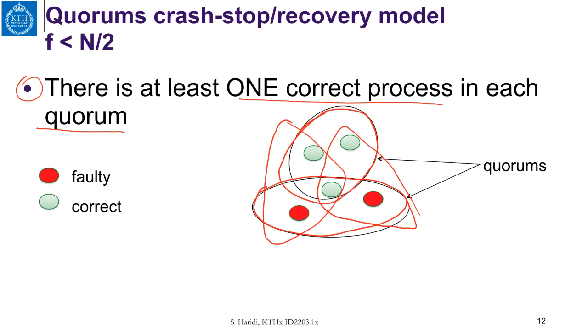And this is because faulty processes are a minority, so any quorum will have at least one correct process. We will use this property in this lecture in the fail-silent algorithm. We rely on there always being one correct process, and we will use it to do some work. You will see that in this lecture.